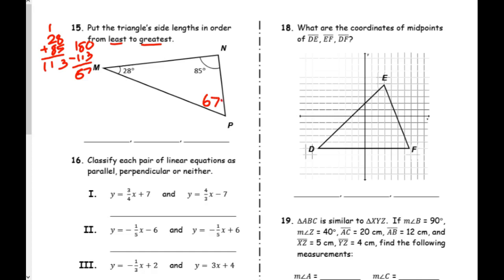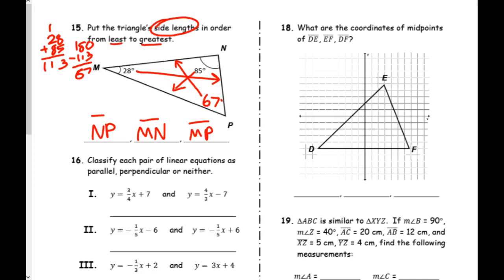The least is across from the smallest angle. So across from 28 is NP. That's a side length. Across from 67 is MN. And across from 85 is MP, in order.